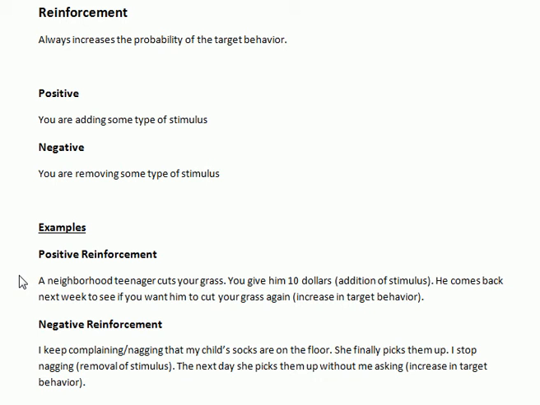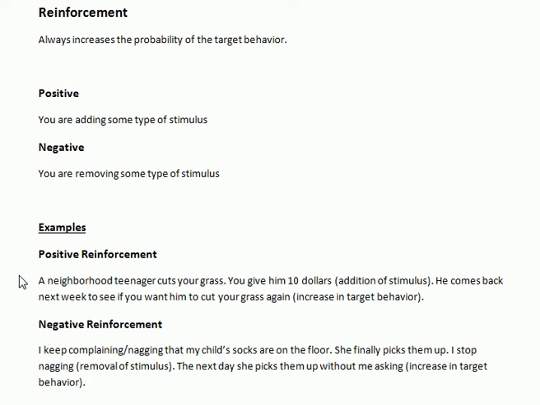So let's say my kid is leaving their socks on the floor. My response to that is to nag and whine and complain and nag them about picking up their socks. Well, they pick up their socks because they want me to stop nagging.